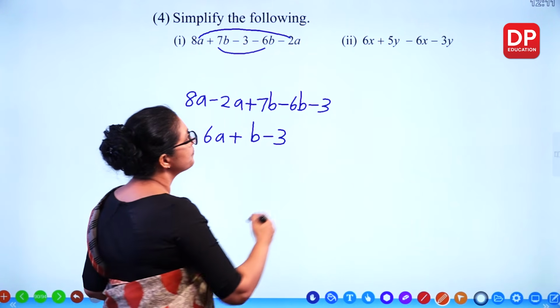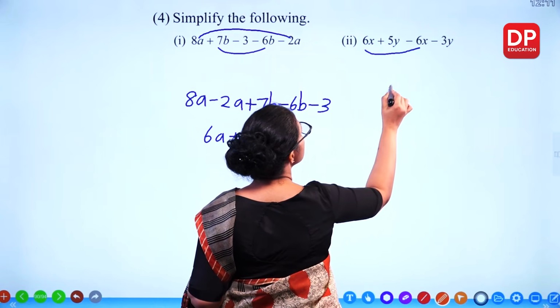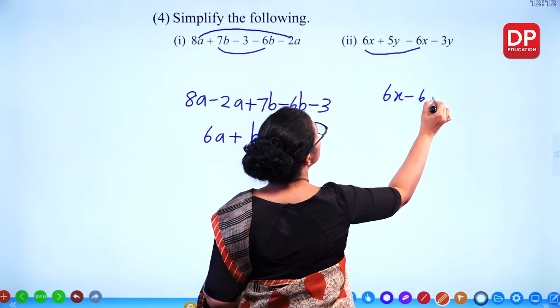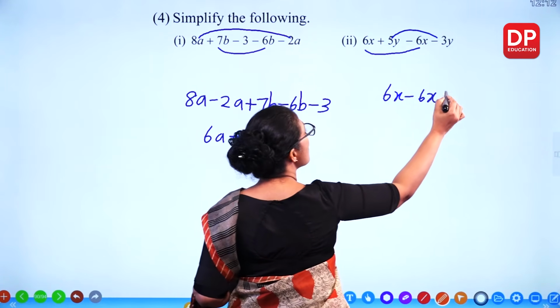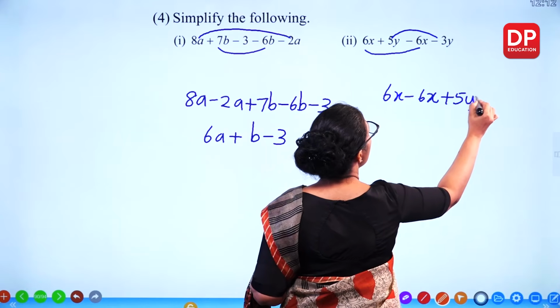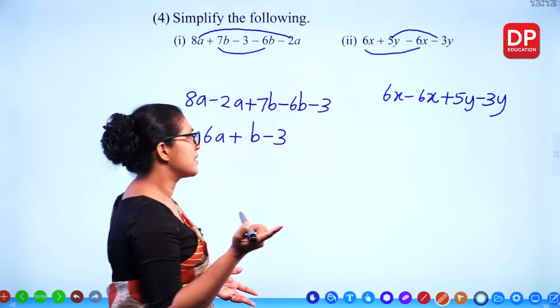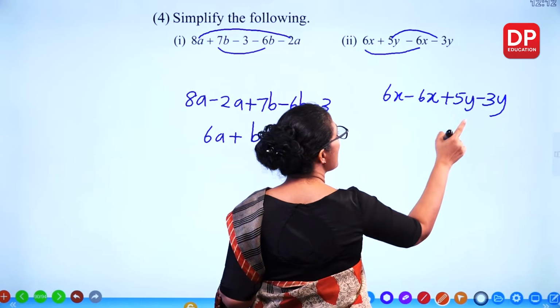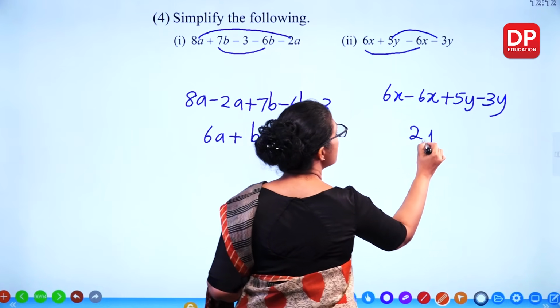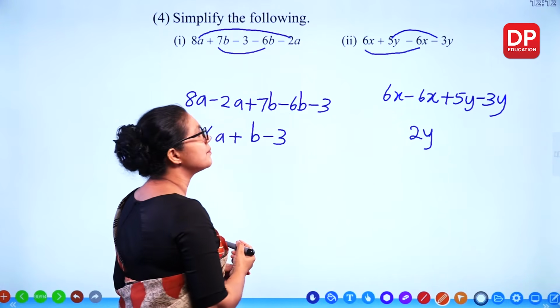This one, like terms, 6x and 6x. Y terms, 5y and minus 3y. 6x and 6x, it gets cancelled out. 5y minus 3y, you get 2y.